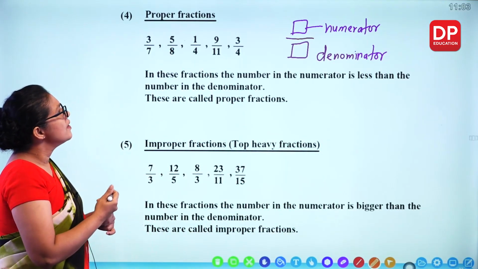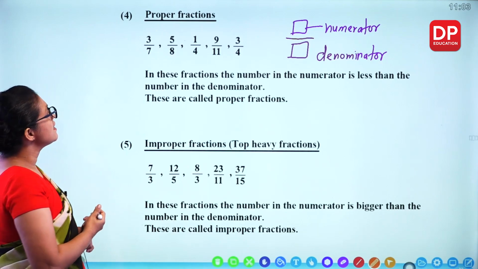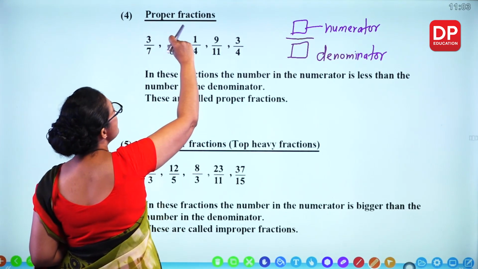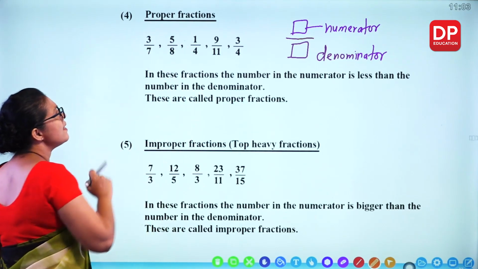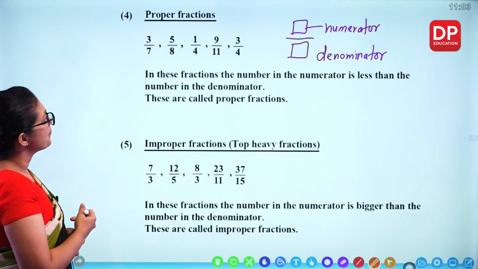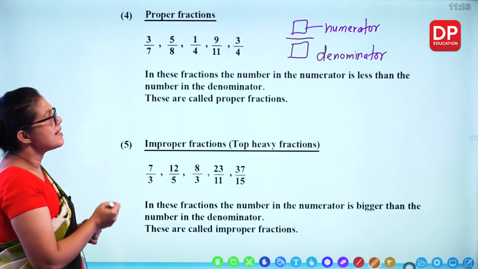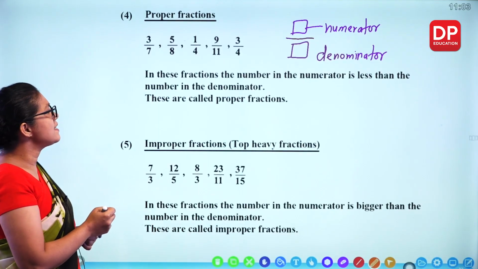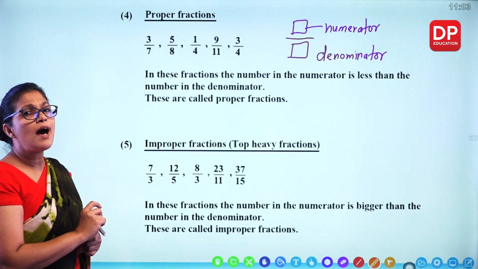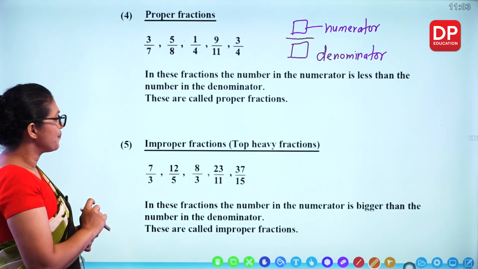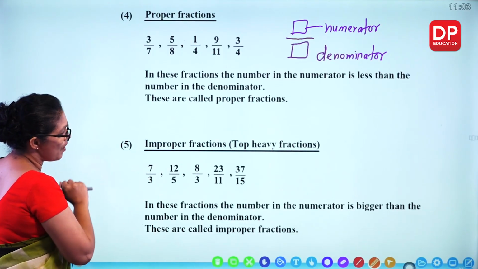Now observe the numerator and the denominator. In these fractions, the number in the numerator is less than the number in the denominator. So we call these proper fractions. What about this one? Other way around.